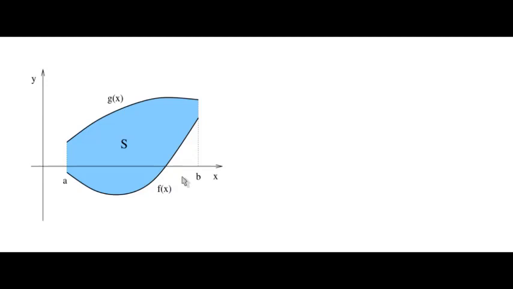It's pretty straightforward to see, if you realize what the integral of g from a to b is doing and what the integral of f from a to b is doing, that the area of this form S is just the integral between a and b of g minus f. That's the value of that area, and it's going to give us a positive value.